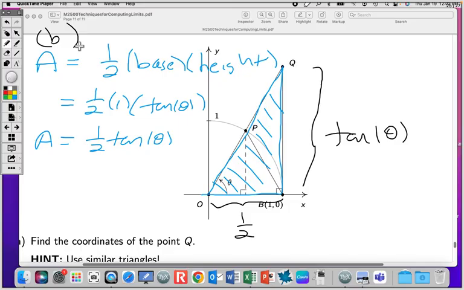Part C says by comparing the areas of triangle OPB, sector OPB, and triangle OQB, show that sine theta is less than or equal to theta is less than or equal to tangent theta.